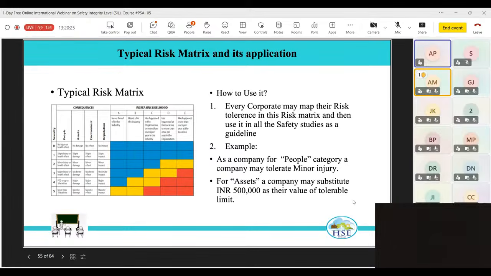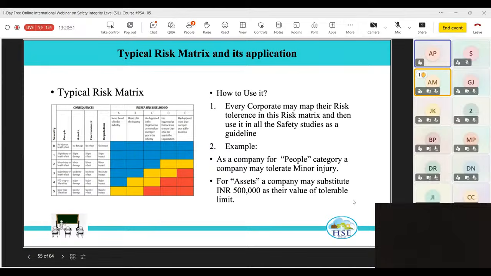First of all, what are the various risks? Let us understand that. A risk in a plant could be a risk to people, or a risk to assets, or a risk to the environment, or a risk to the reputation of the company.